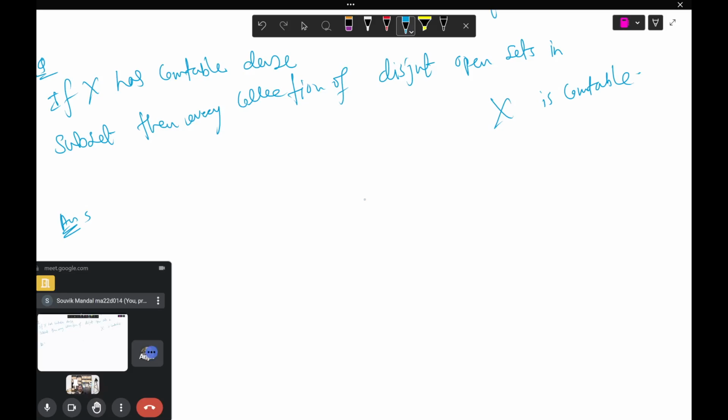Okay. You have a countable dense subset. You need to check that you can have only countably many disjoint open sets. That's the only thing you need to use. Suppose we have some U alphas, disjoint open intervals, and D is countable and dense.